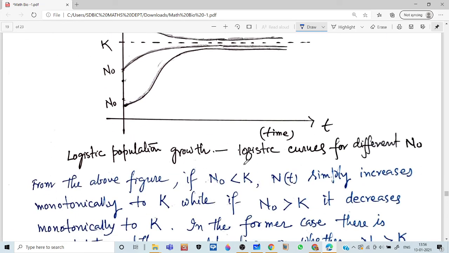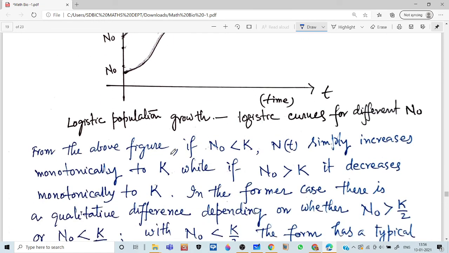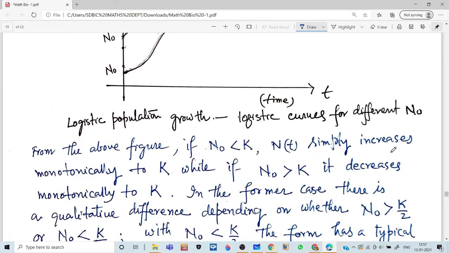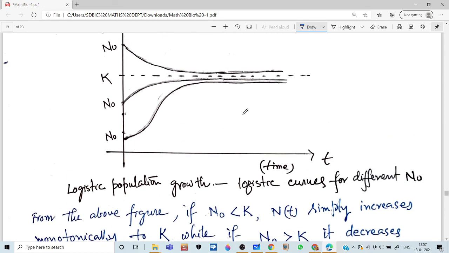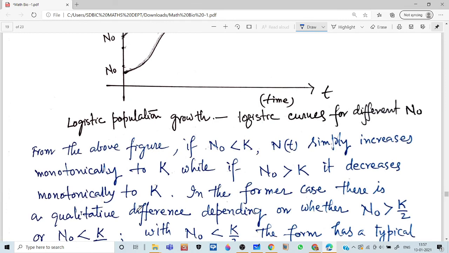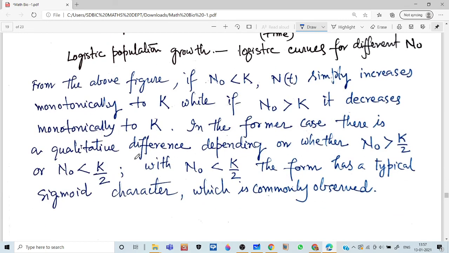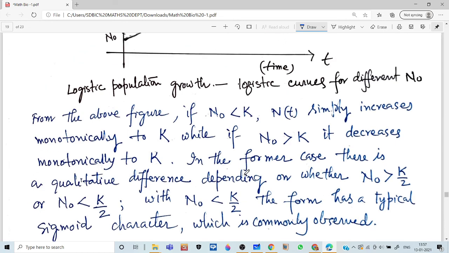Logistic population growth, logistic curves for different n0. From the above figure, if n0 is less than k, n(t) simply increases monotonically to k, while if n0 is greater than k, then it decreases monotonically to k. In the former case, there is a qualitative difference depending on whether n0 is greater than k by 2 or less than k by 2.